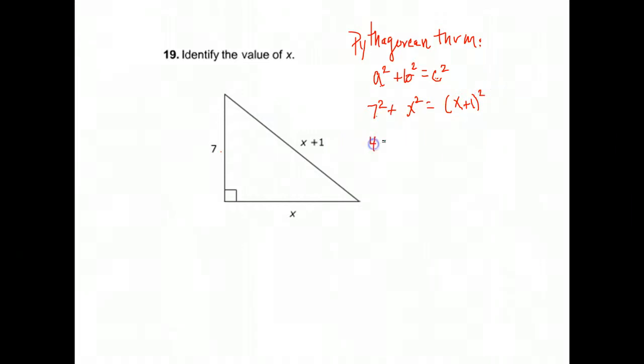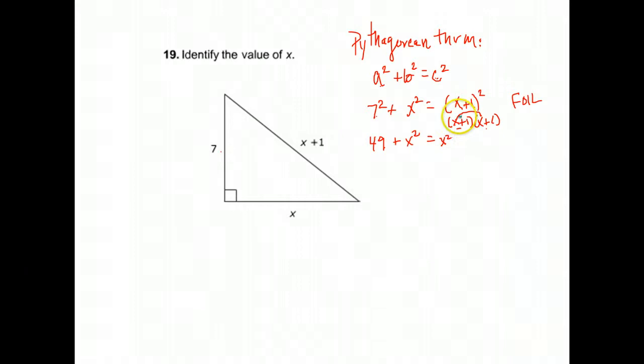We square the 7, get 49. We square the x, it's just x squared. And this part over here is going to require some review from algebra. When you square something, it means taking it times itself. So when I square this, I'm taking x plus 1 times x plus 1, which requires us to FOIL, which means we take the first times the first.